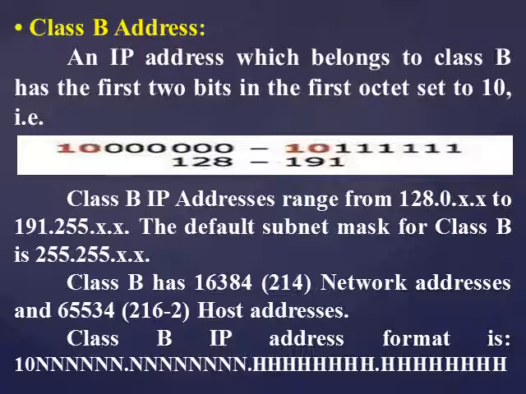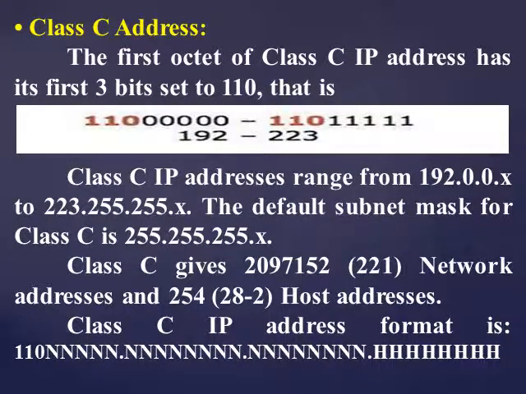The default subnet mask for class B is 255.255.0.0. So class B has 2 raised to 14 network addresses and 2 raised to 16 minus 2 host addresses. The representation of class B IP address format is network.network.host.host, out of which the first 2 bits are set to 10.